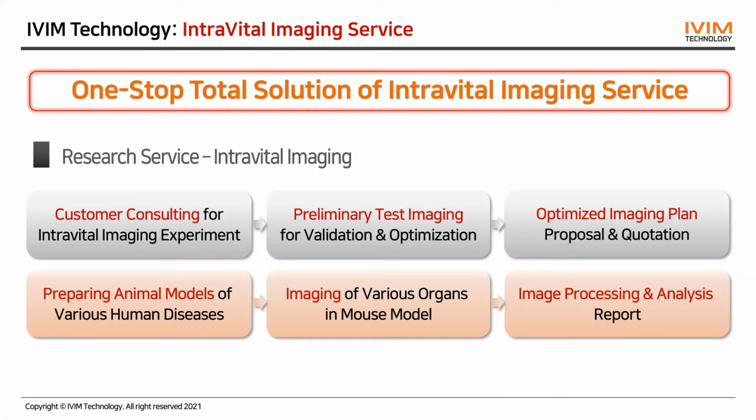So validate the imaging plan, and then optimize the imaging parameters. After that, we propose the optimized imaging plan with the quotation. And if you accept, then we do all the imaging procedures. So prepare an animal model, do the imaging, the processing and analysis, and then provide the report.